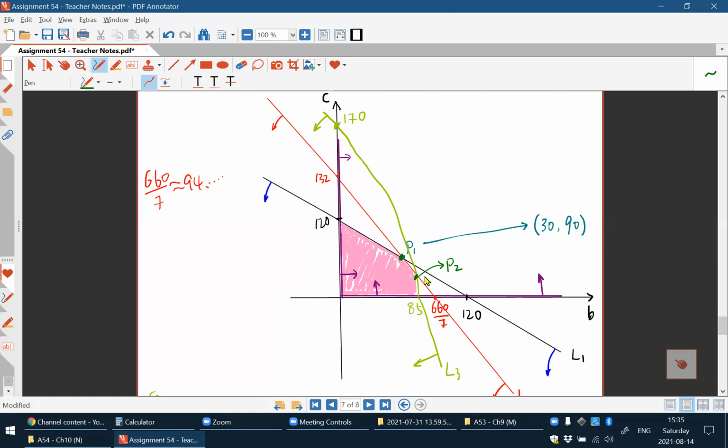This is P1, this is P2, and this is P3, P4, and P5, right? Do you understand?